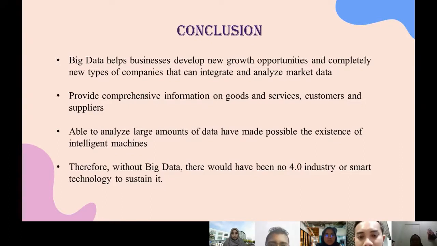Being able to analyze large amounts of data has made possible the existence of intelligent machines. Therefore, without big data, there would be no Industry 4.0 or smart technology to sustain it.